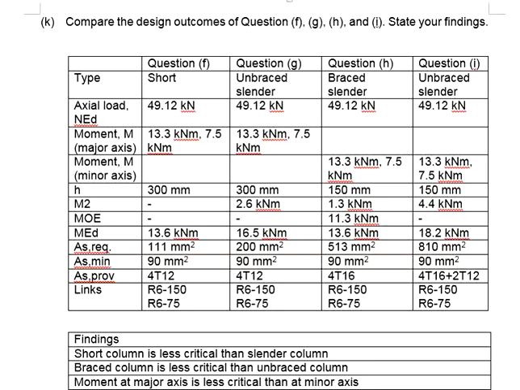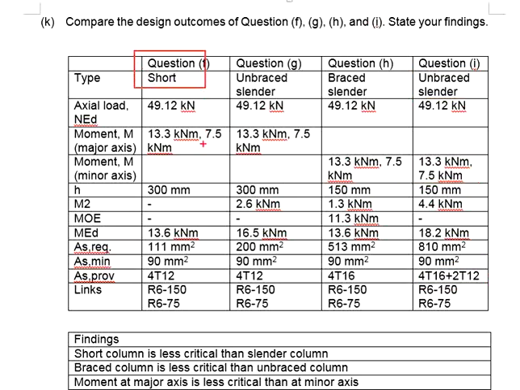AS maximum also no change, similar 4% limit, and at the lapping regions 8% limit. And then because of the AS required, the reinforcement bar required changes. Unbraced slender column with the moment acting in the minor axis will have the most amount of reinforcement bar required.